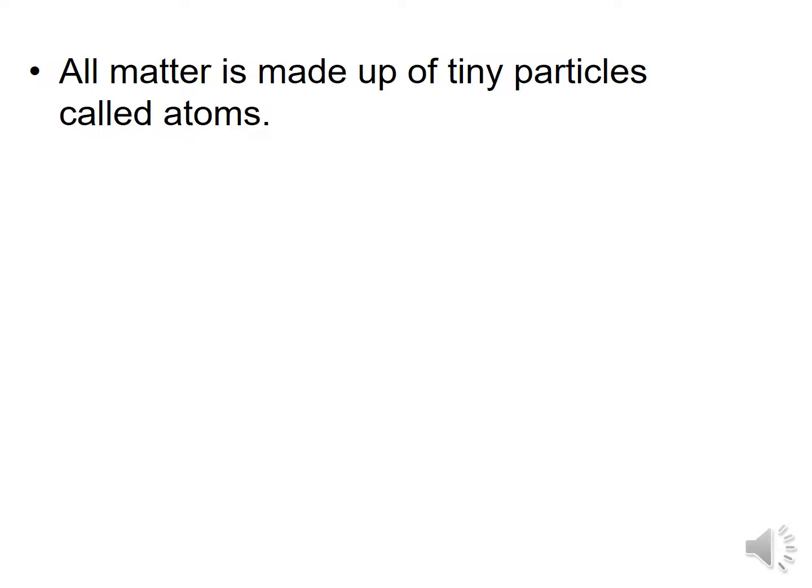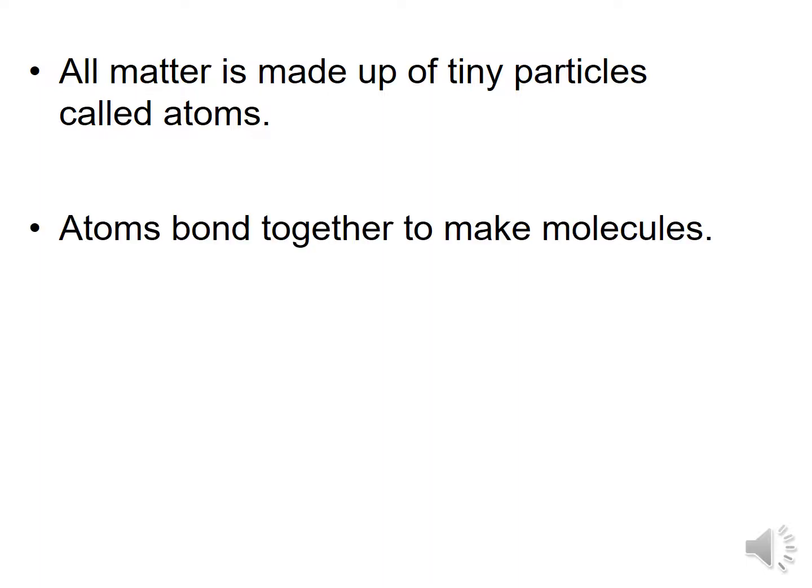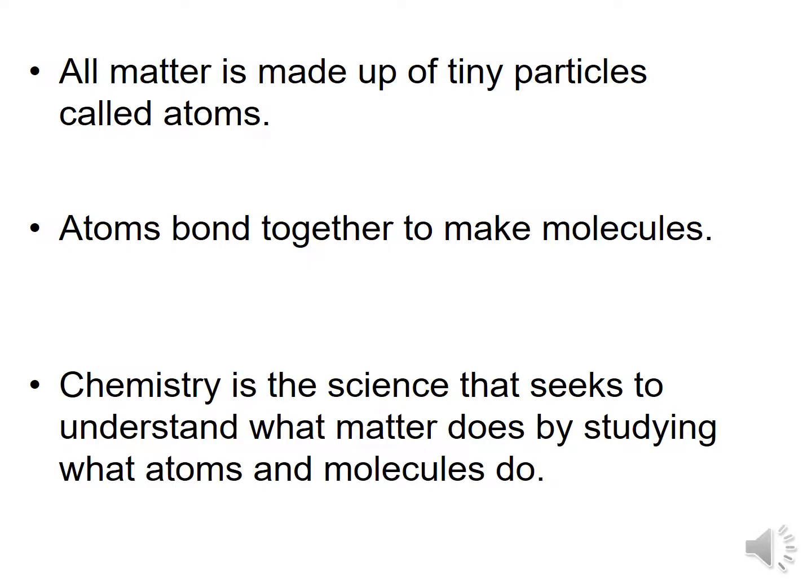Now we know that matter is made up of these little tiny particles called atoms that you learned about in Chem 1, that the atoms have various kinds of bonds, ionic, covalent, metallic bonds, and that these bonds cause the atoms to stick together to make larger structures known as molecules. So chemistry is the science where we seek to understand what the matter does, but we come at it from the perspective of what the atoms and molecules are doing.